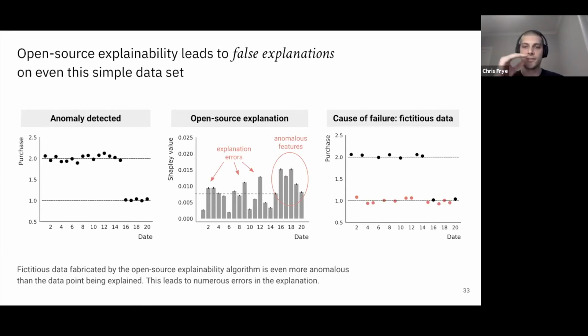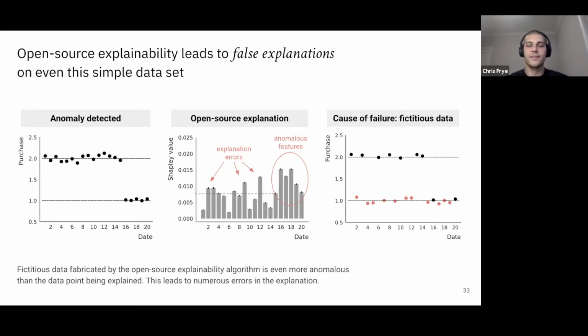So the features that stay put, the features that we're not in this particular plot computing the Shapley values for. Those are in black, and the randomly drawn features to fill in the missing values are in coral. And you can see that what results here is a completely nonsensical purchase history that's really not representative of the data that we're working with. So this is the fictitious data problem.